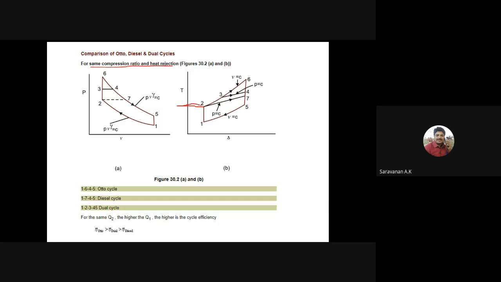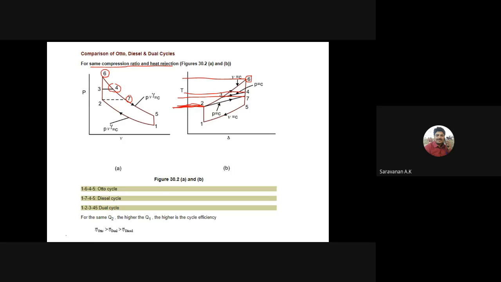Here the temperature T2 is common, and here temperatures T6, T4 and T7 are there. What is the 6 value? The 6 value is the Otto cycle. The 4 is the dual cycle and 7 is the diesel cycle.